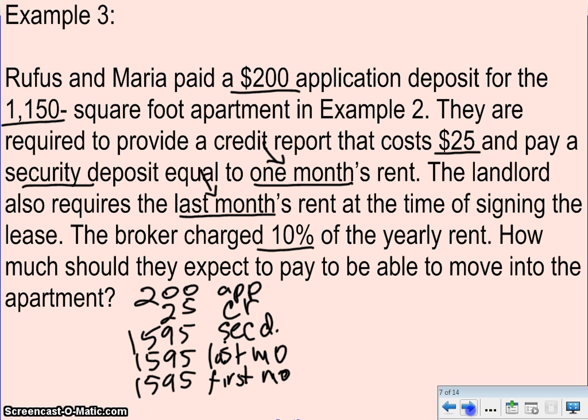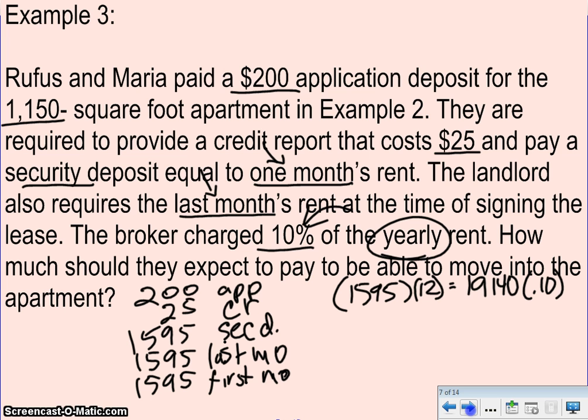So the broker fee is 10% of the yearly rent. So I have to take the $1,595 and multiply it by 12 to get 1 month out to a year. And I end up with $19,140. Remembering that it's 10% of that value, I'll multiply it by 0.10 and I end up with $1,914.